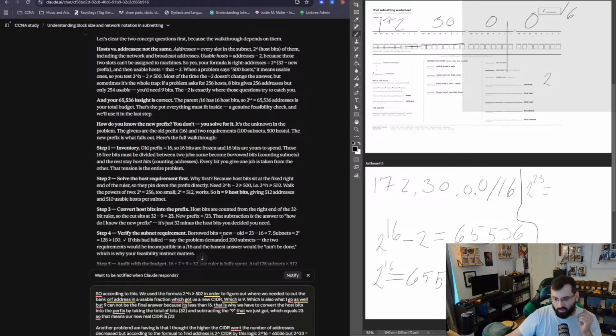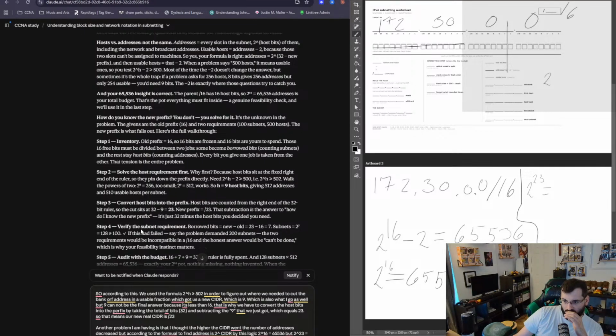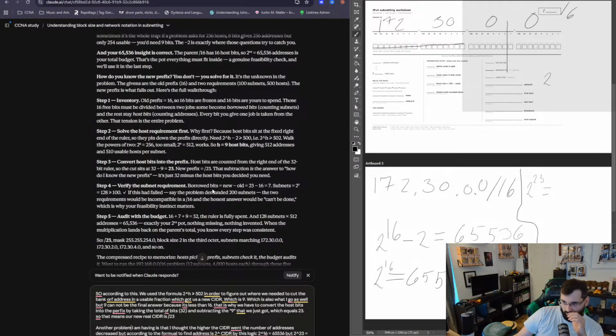Okay, so we're going to convert the host bits into the prefix. The host bits are counted from the right. Yes, we know this. Then we verify the subnet requirements, borrow the bits.